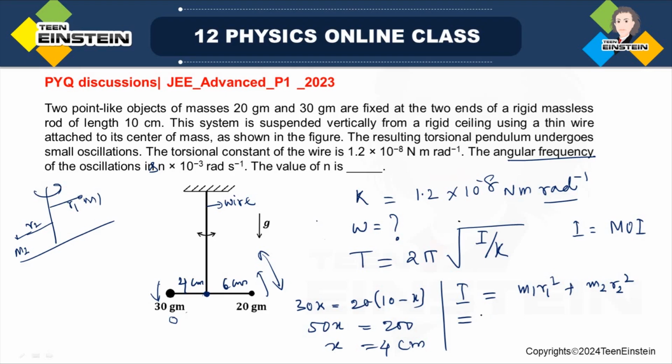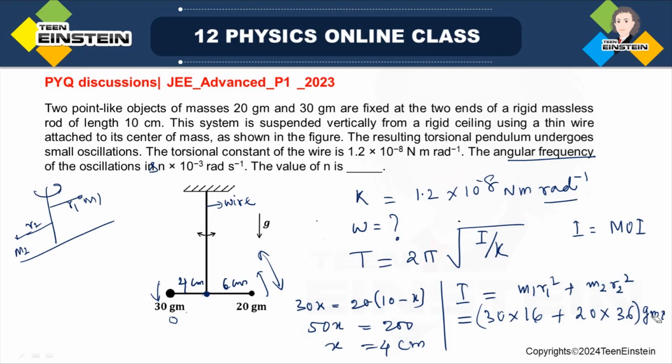Now first let me write in this CGS unit itself. So 30 into 4 square, that means 16, plus 20 into 6 square means 36. So this will be actually in gram centimeter square, okay.